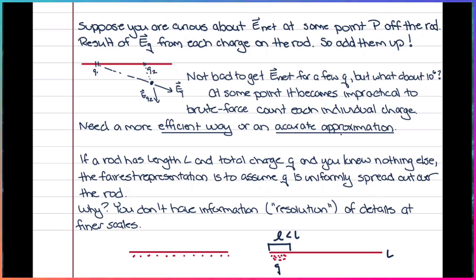So if you're stating that all you know is that you have a rod of length L and a total charge Q, then that's essentially saying something about the resolution of your information. On scales smaller than L, if you were to zoom in, you do not have any information that allows you to zoom in beyond L. L is your smallest pixel, if you think of this like an image.